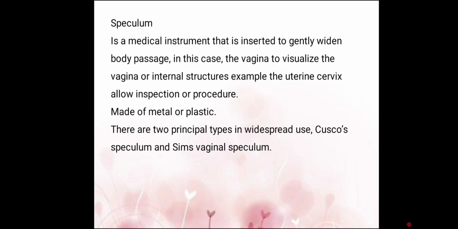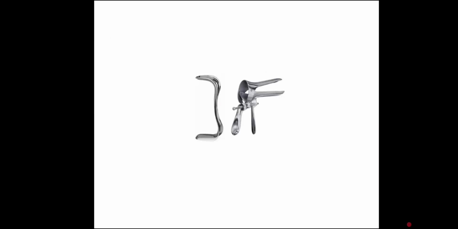Speculums are made of either metal or plastic. There are two principal types used, the Cusco speculum and the Sims speculum. To the right side is the Cusco speculum and to the left side is the Sims speculum.